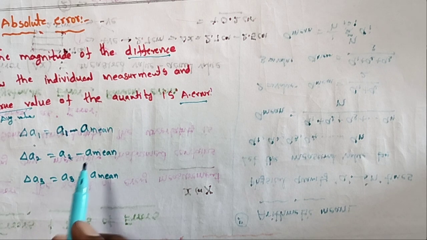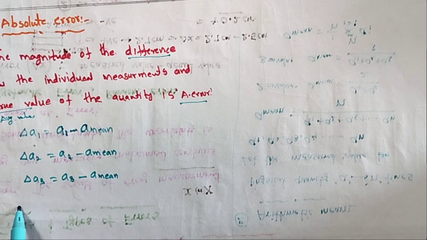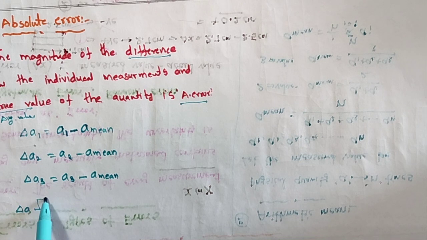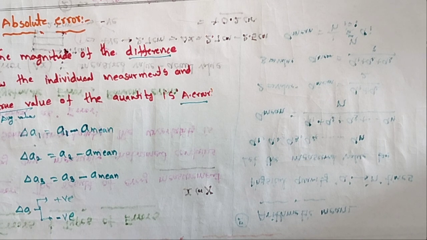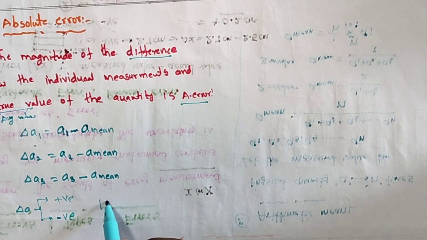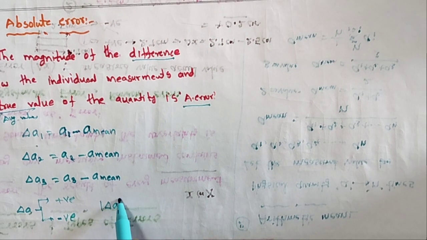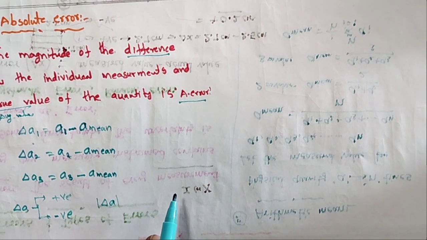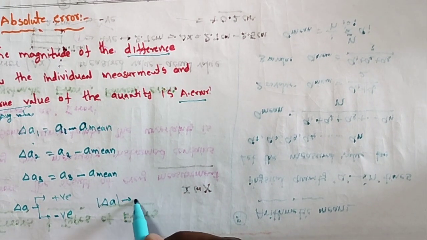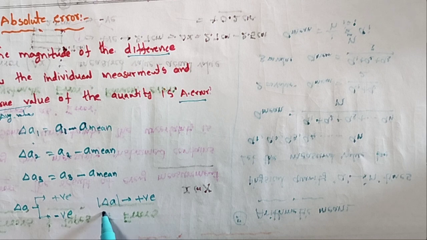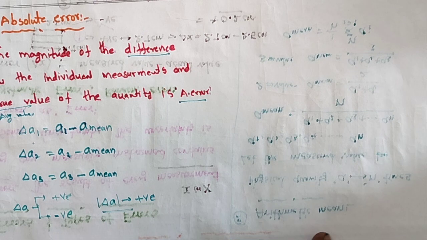Delta A may be positive or negative in some cases, but the modulus of delta A, mod delta A, is always a positive value.